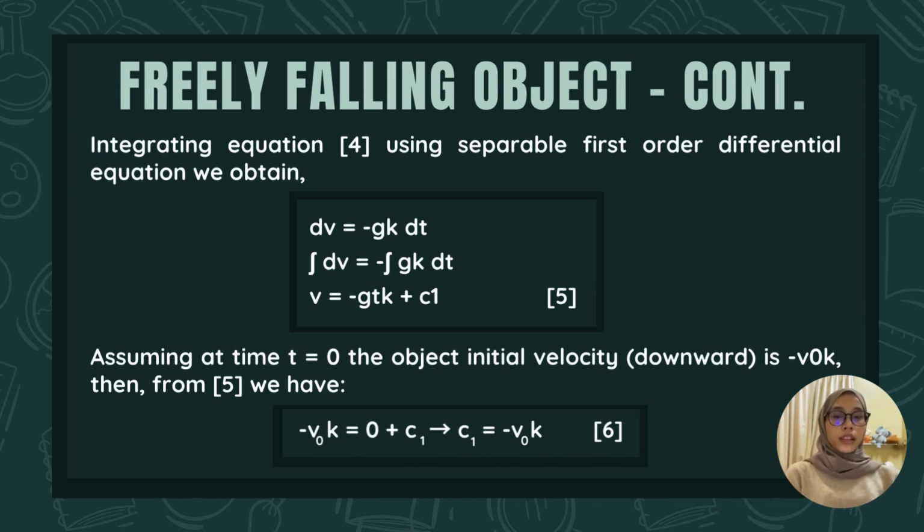For a freely falling object, integrating equation 4 using a separable first order differential equation, we obtain as shown. Assuming at time t equals 0 the object's initial velocity downward is negative v naught k, then from 5 we have negative v naught k equals 0 plus c, where c1 equals negative v naught k.